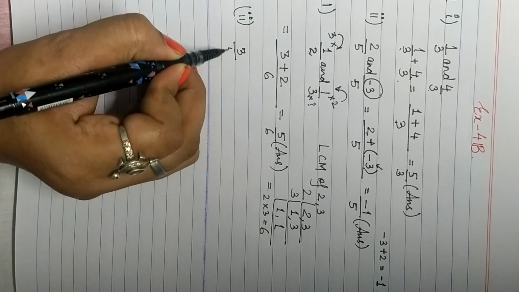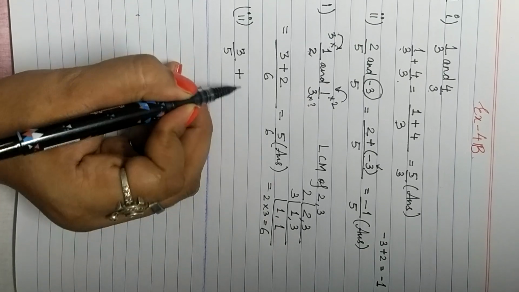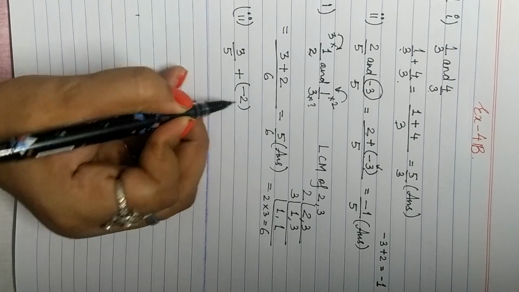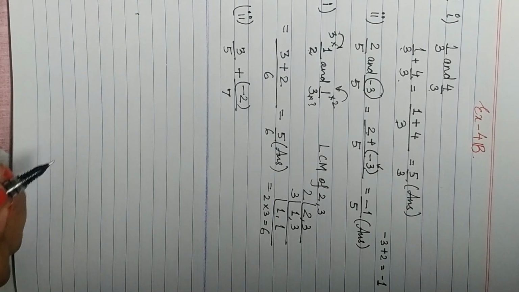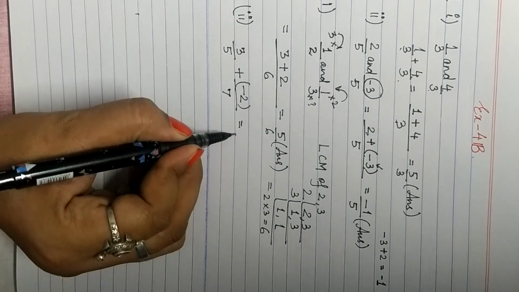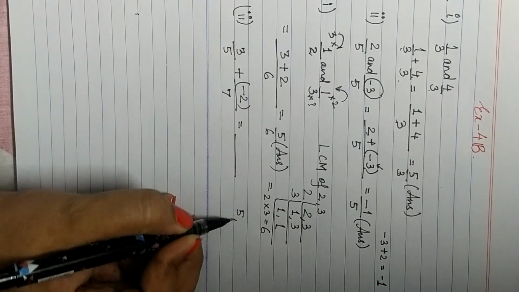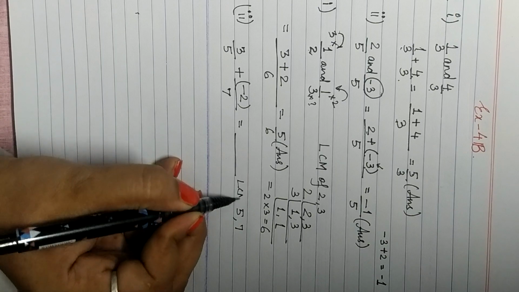So 3 upon 5 plus, we have minus 2 in the numerator. I am writing it in bracket because it has a negative sign with it. Minus 2 upon 7. That is again the LCM of 5 and 7.